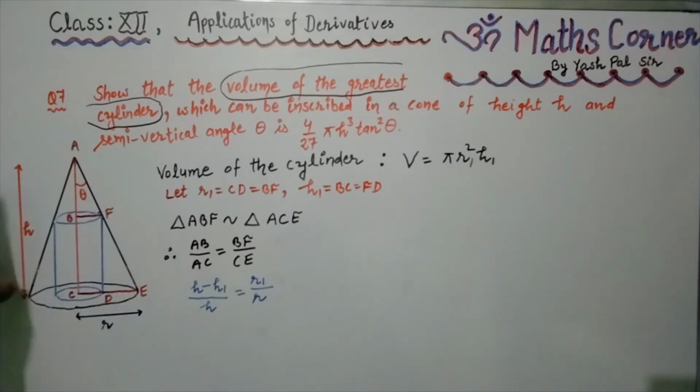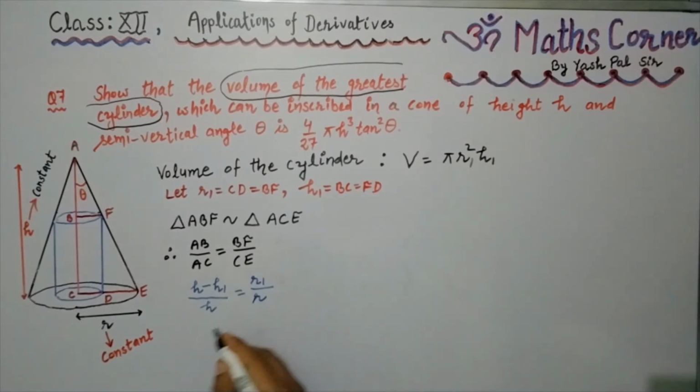Now it is understood that the cone is given, so its dimensions are constant. Here R is constant, H is constant. So we write here R constant, H is also constant.